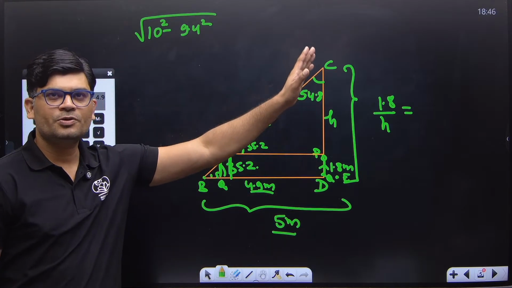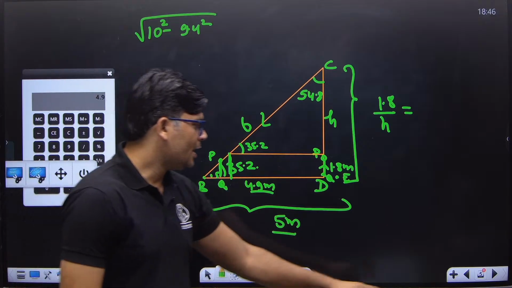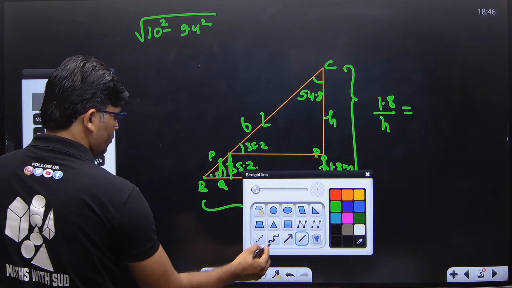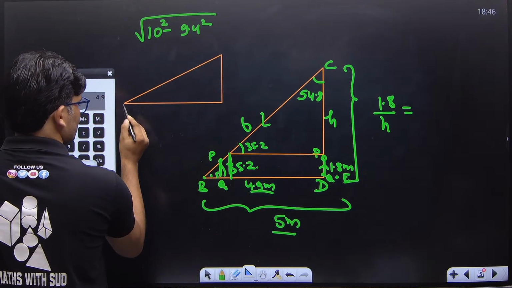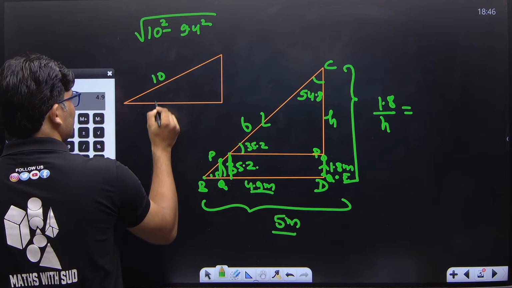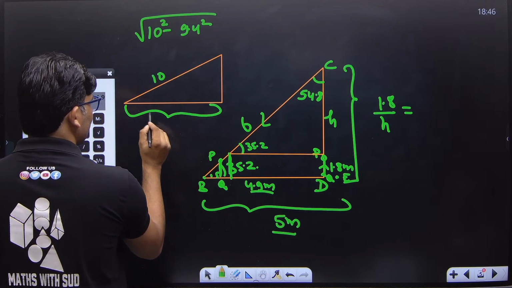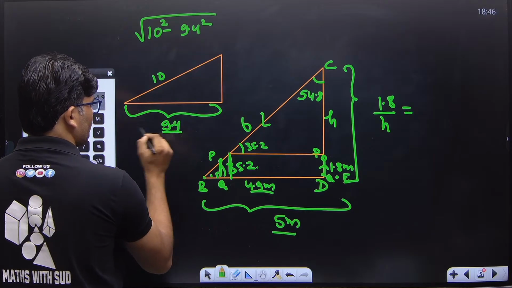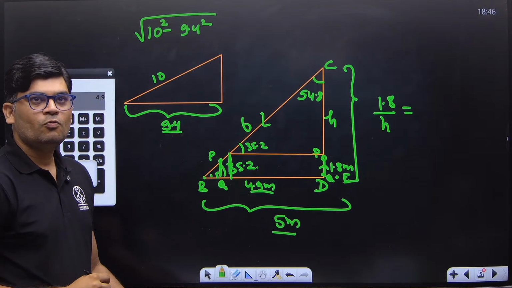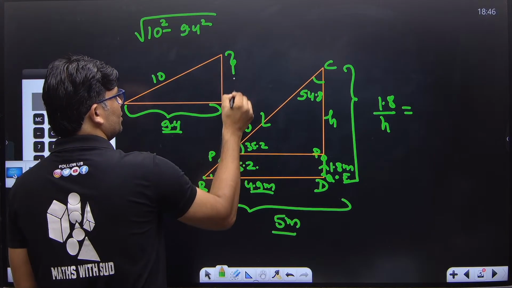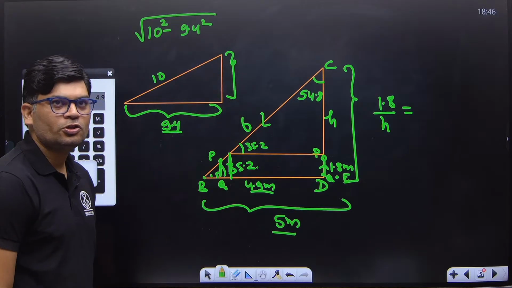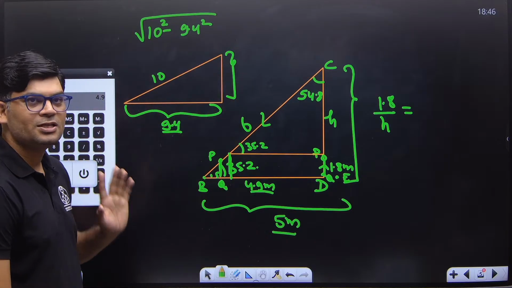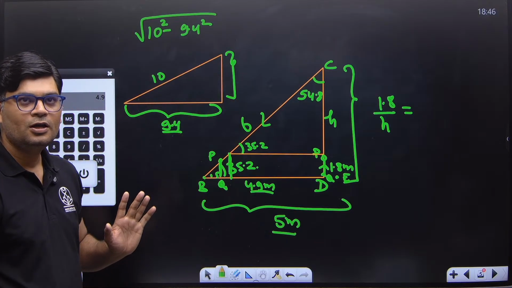Are you getting it, Shrimoy beta? In the bigger triangle, if you are not getting it, I will show you. See this. This length is given as 10, and this we got as 4.5 plus 4.9, which is equal to 9.4. So what will be this length? Using the Pythagorean theorem, we can say 10 square minus 9.4 square, and under root of that.